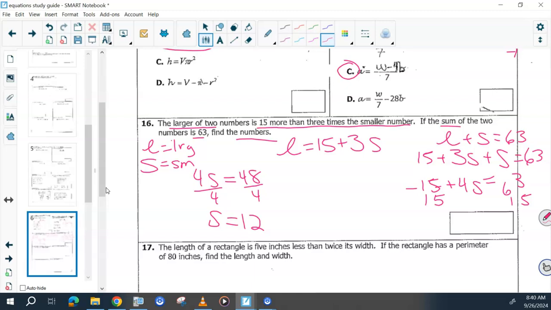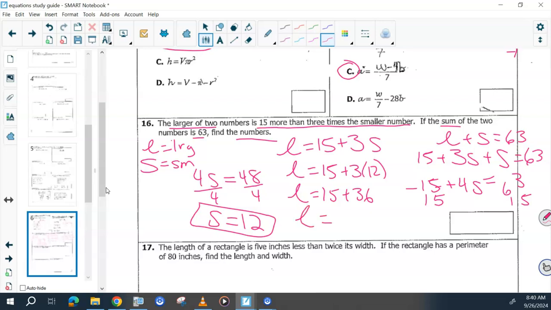But because we had to find the numbers, we have to go back and find L. So we found S. To find L, you can do a couple different things. Either put this in for this S, or put this in for this S. Doesn't really matter. I'm going to put it in here, but if you want to put it in there, that's also fine.